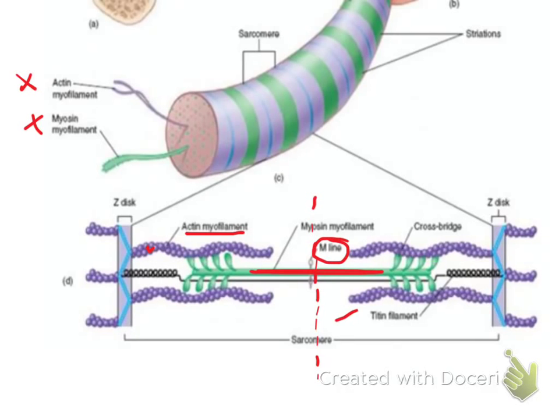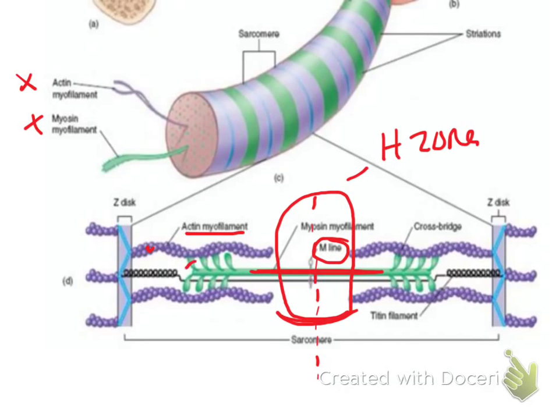There's an area right here where there's only myosin. There's no actin, and that is called the H zone. And when the contraction of the sarcomeres occurs, these myosin heads will be binding onto actin, and they pull them towards the H zone.